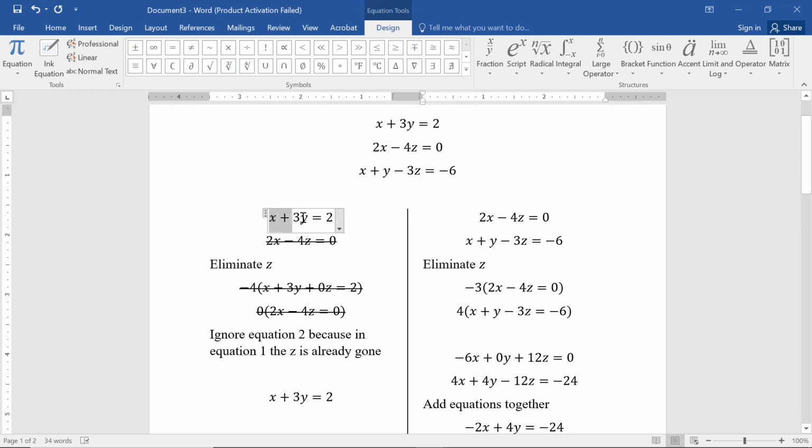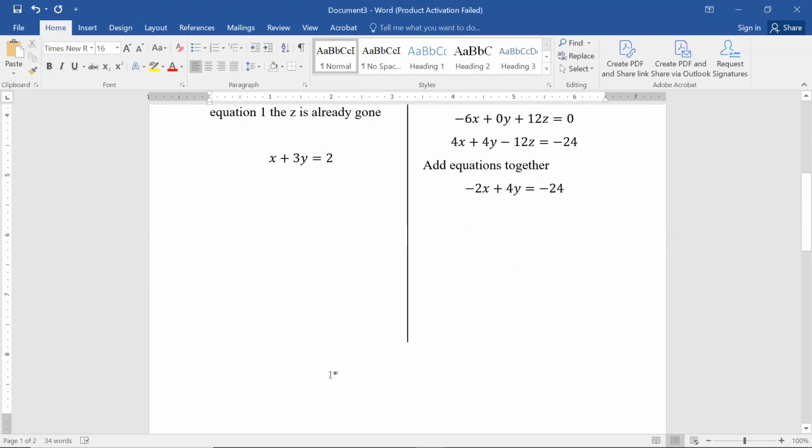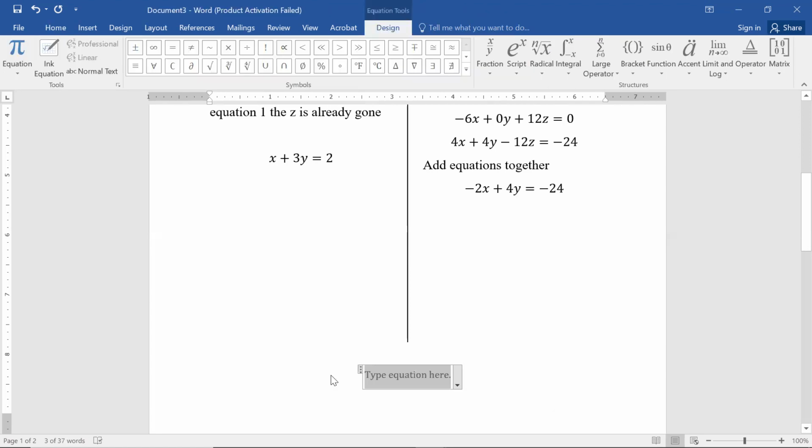So just simply use x plus 3y equals 2 if I wanted to eliminate the z in this first pair. Now I have two equations, two variables, x plus 3y equals 2, and -2x plus 4y equals -24.